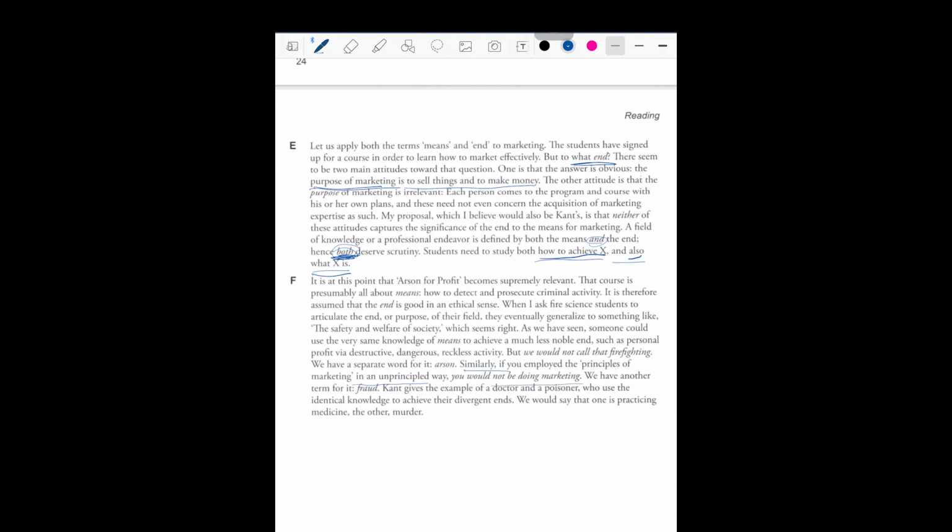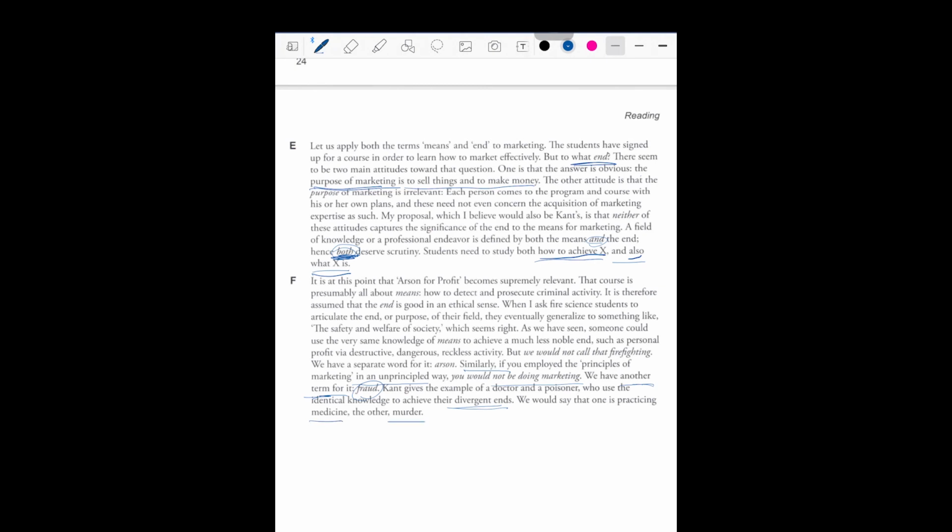We have another term for it, fraud. Kant gives the example of a doctor and a prisoner who use identical knowledge to achieve their divergent ends. We would say that one is practicing medicine, the other murder.